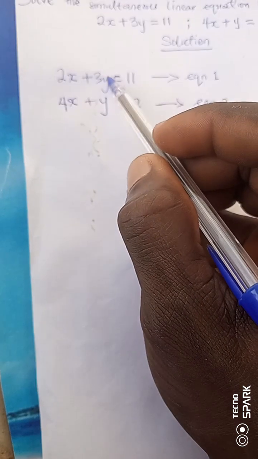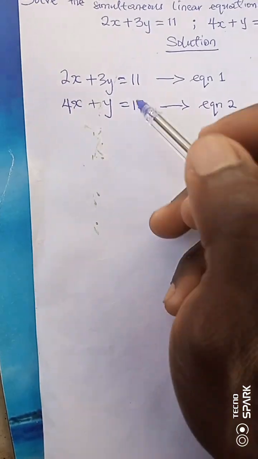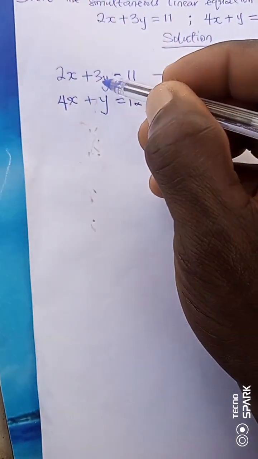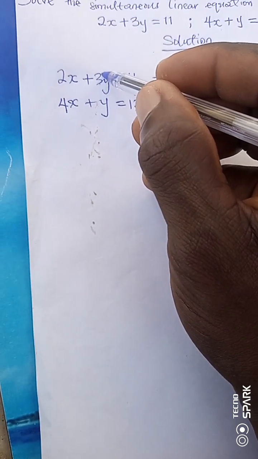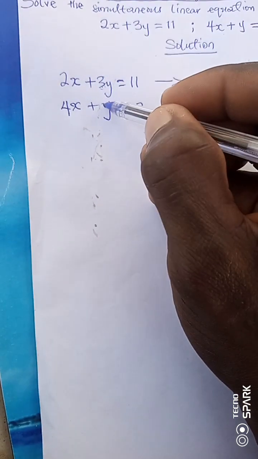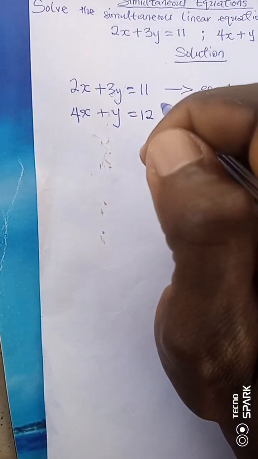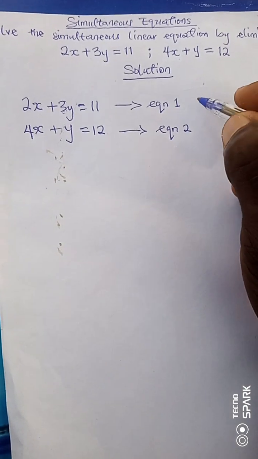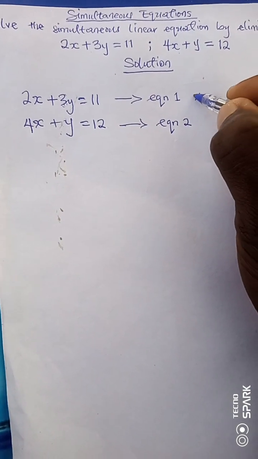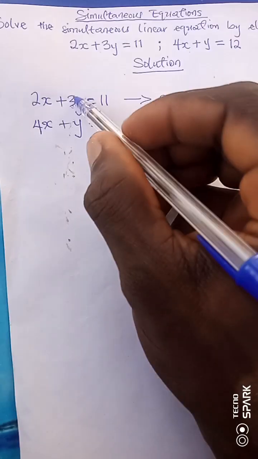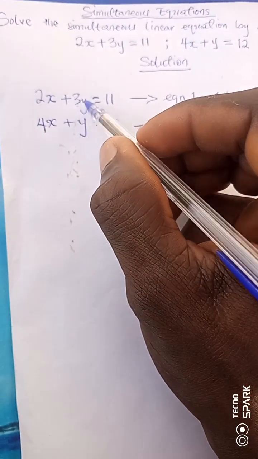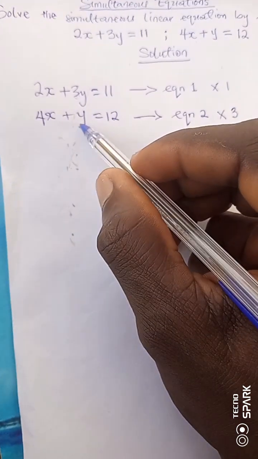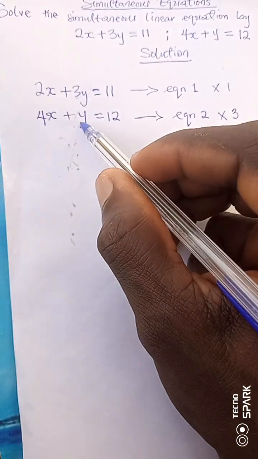You multiply these two equations by a number that will make the coefficient of y here and the coefficient of y down here to be the same. So what is that number? Let's multiply equation 1 by 1 and equation 2 by 3, so that we'll still have 3y here and also have 3y here.